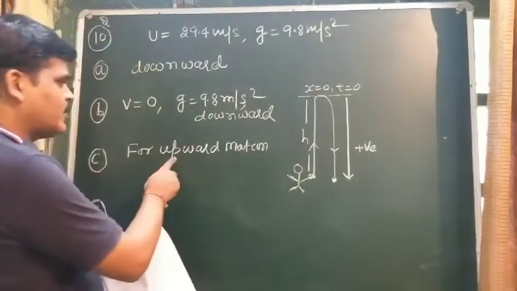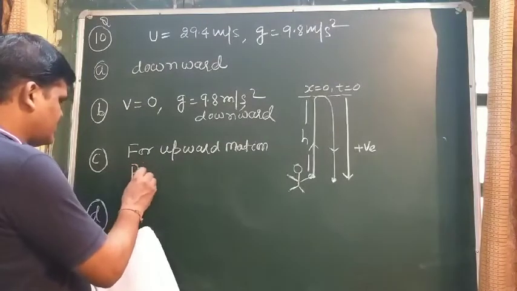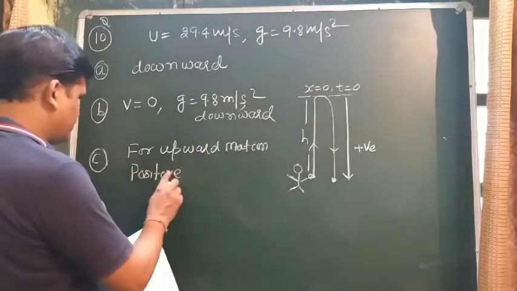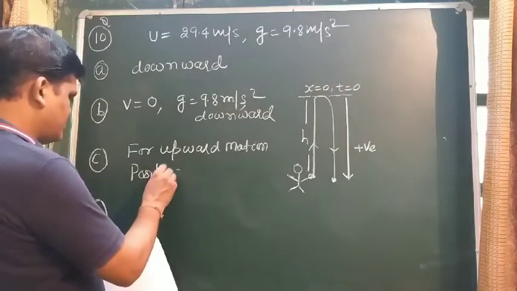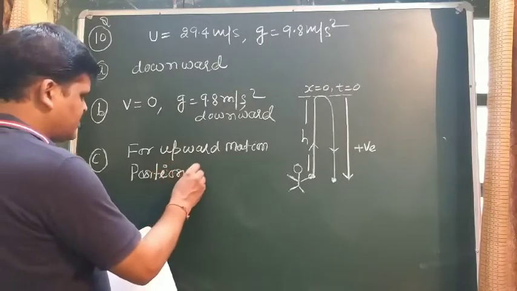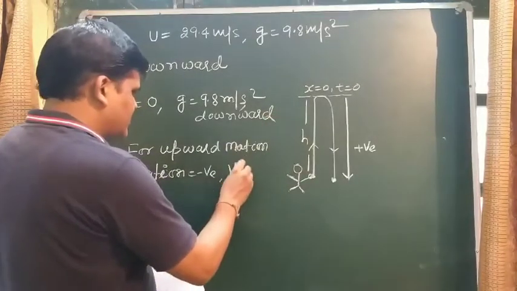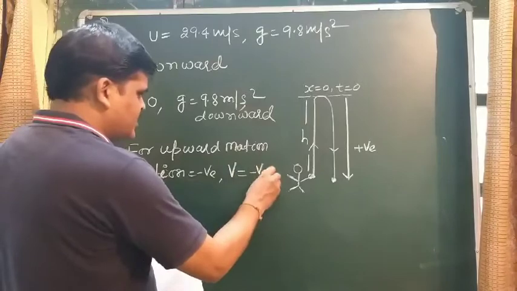So for upward motion, position is negative, and velocity is also negative in the upward direction.